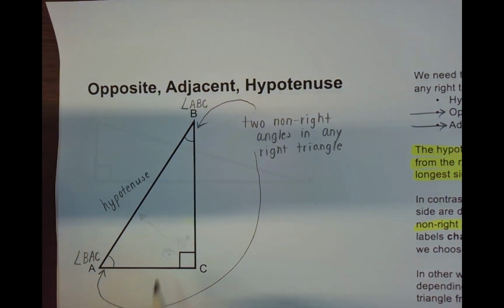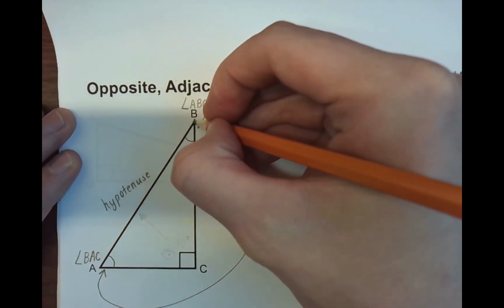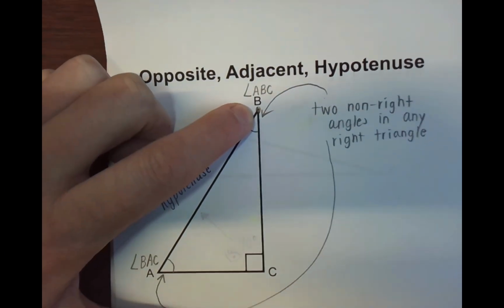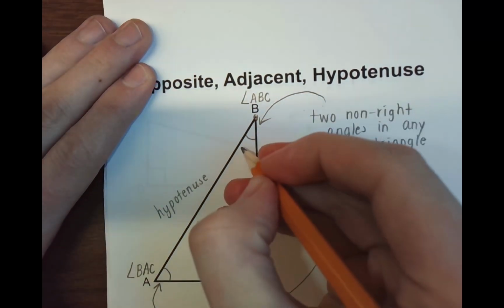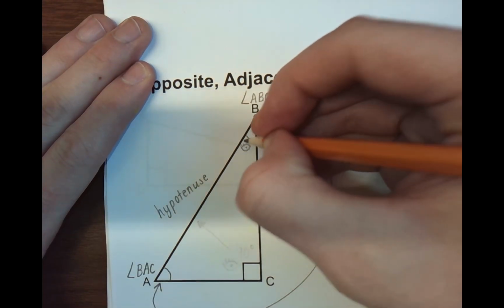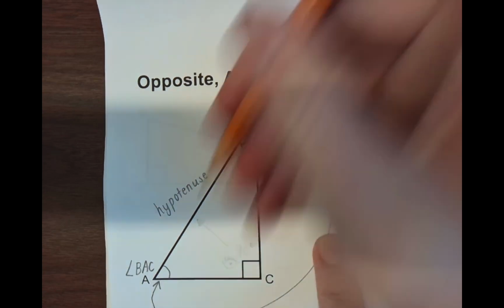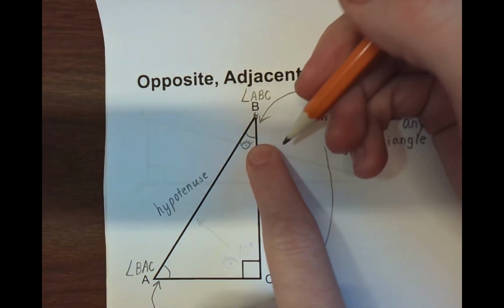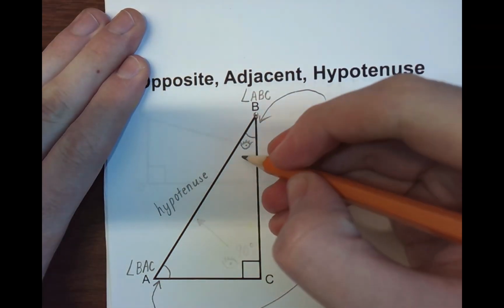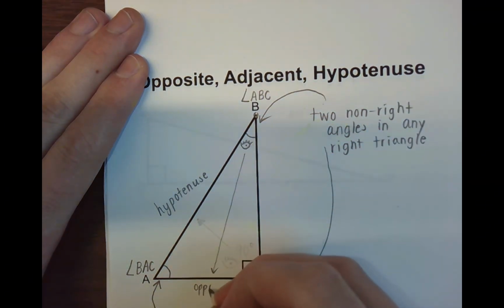So if we view the triangle from angle ABC as our reference point, I actually like to draw in that little eyeball just for the sake of explaining it. If I view the triangle from the perspective of angle ABC, and I imagine shrinking myself down and standing right there, this side is the opposite side.